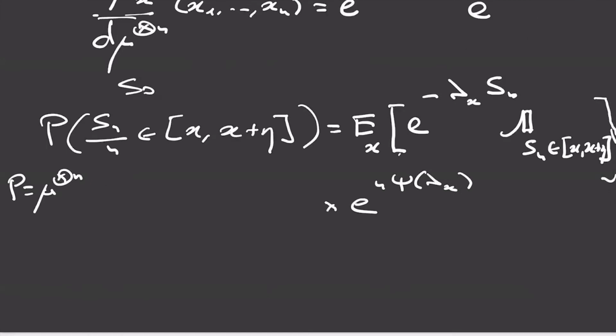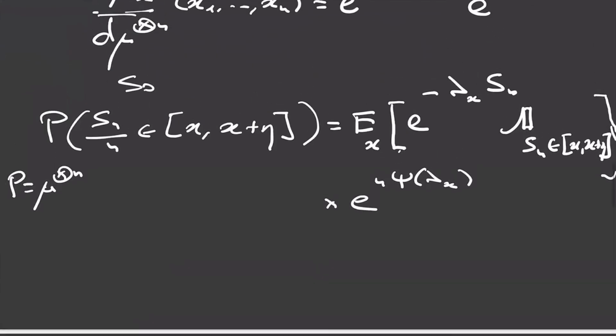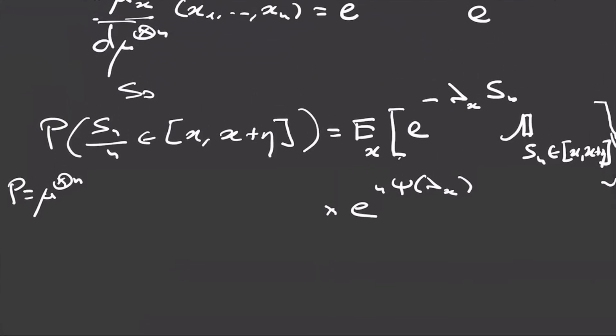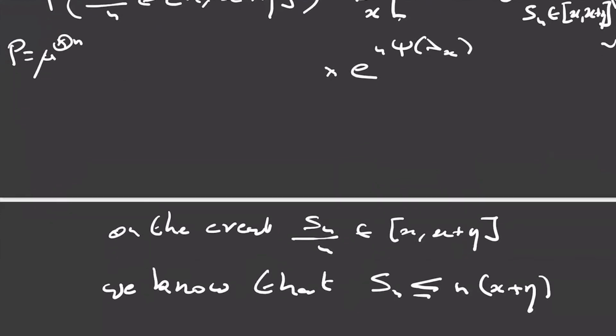So what is important here is that since this quantity Sn is smaller than that guy, the exponential of minus Sn lambda x will be larger than exponential minus lambda x times this quantity here.